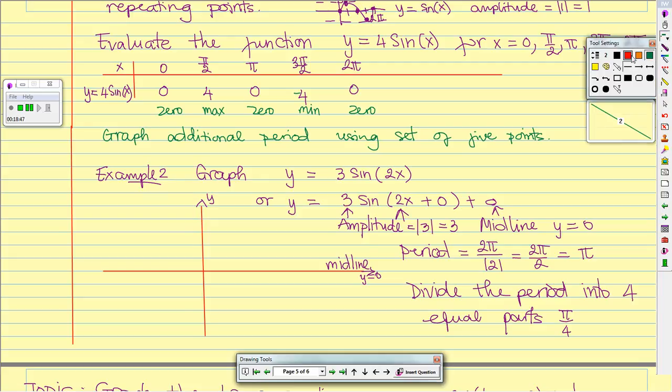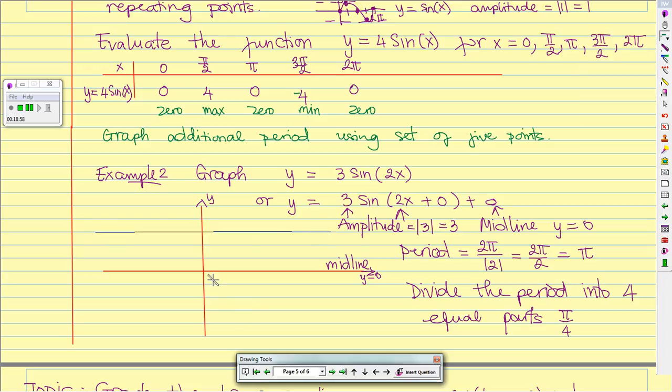So it means that from my midline, I'm going to draw 2 lines. One will be above and one will be below, 3 units from the midline. So 1, 2, 3. So here we are, 3 units above and 3 units below the midline. So 3, -3.